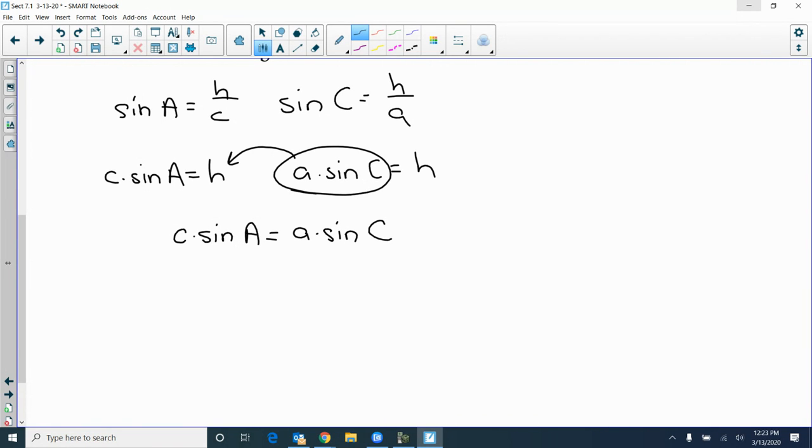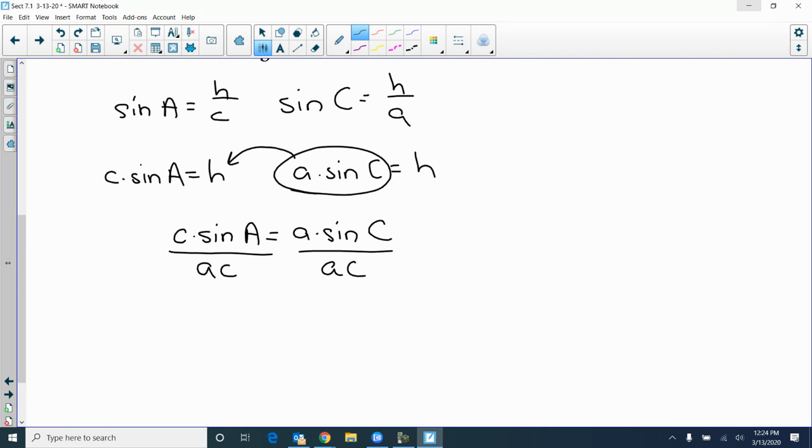If you look at the law of sines, it just has the sine of the angle at the top in the numerator. So we've got to get rid of the C on the left-hand side and the A on the right-hand side. How can I do that in one shot? Divide them both over. If I divide by A, I've got to divide that one by C. So I'm just going to divide by AC in one step.